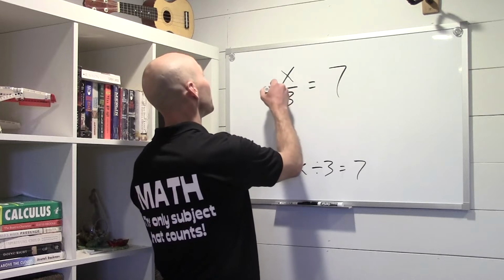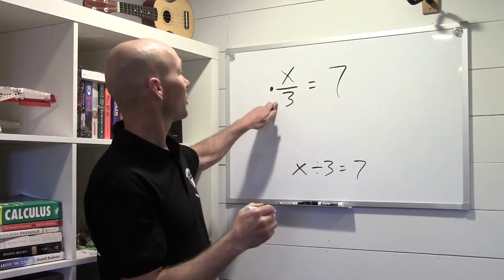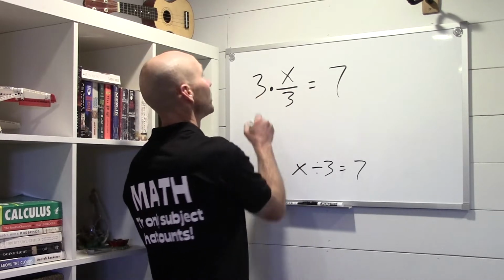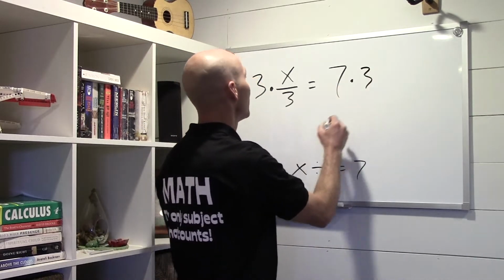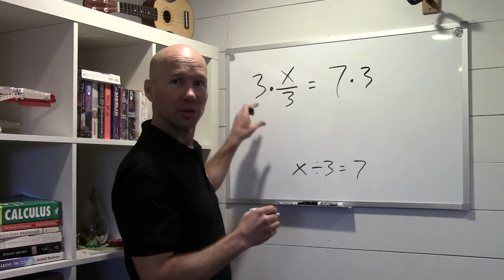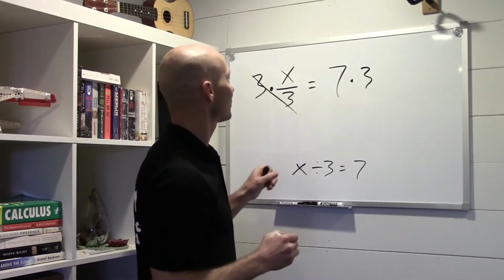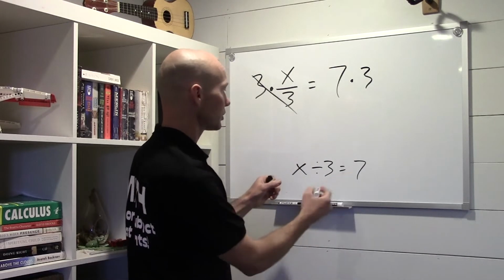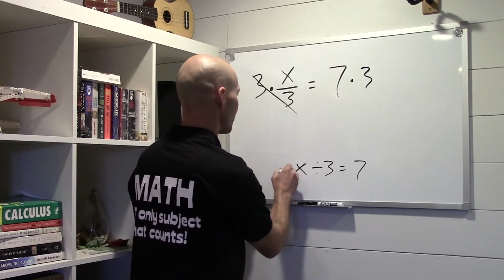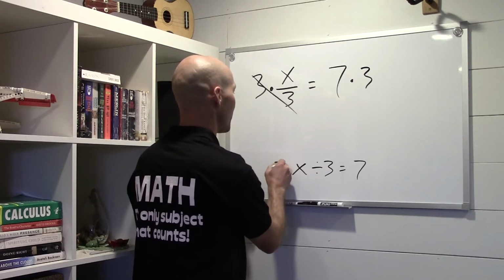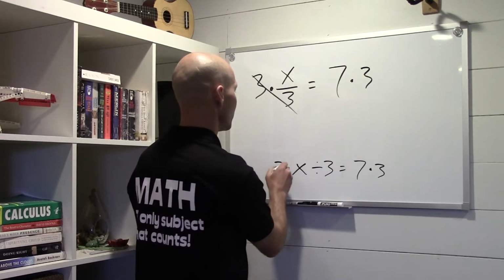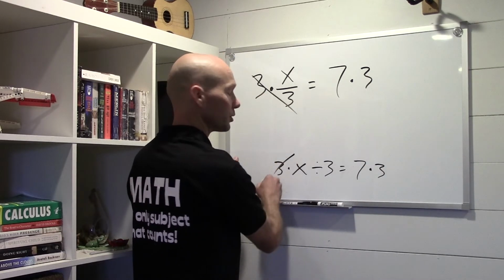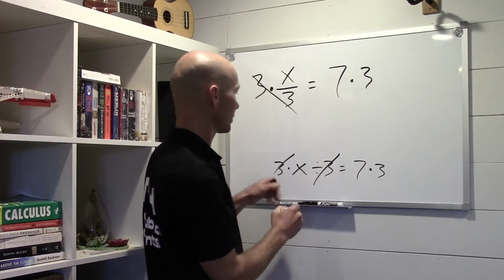We're going to multiply x divided by 3 by 3. We're going to multiply 7 by 3. And we get a multiple of 3 and a divisor of 3 that cancel each other out. So this multiple and this divisor cancel each other out.